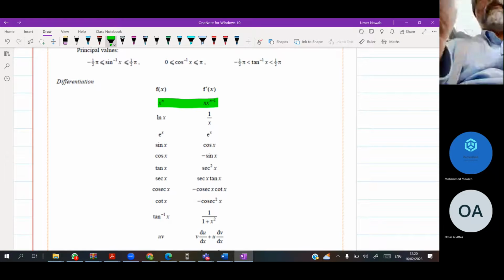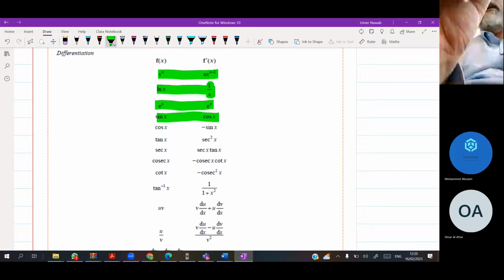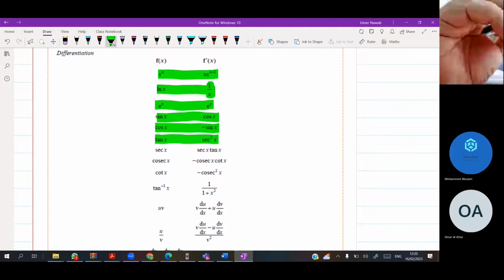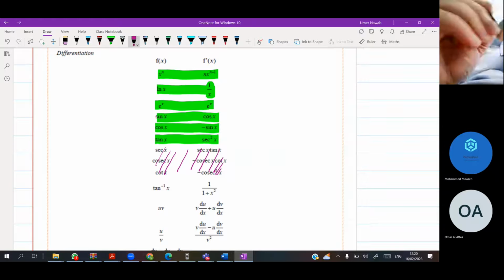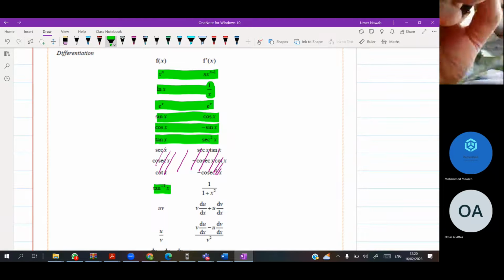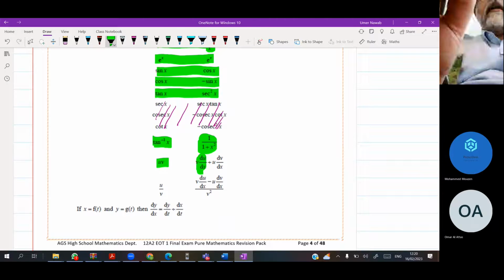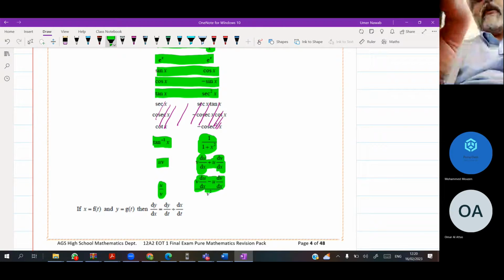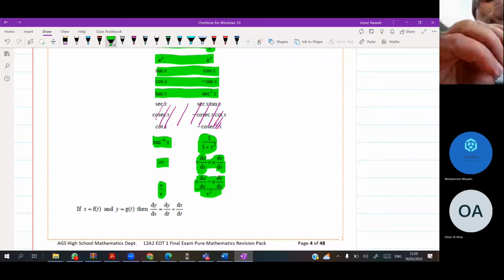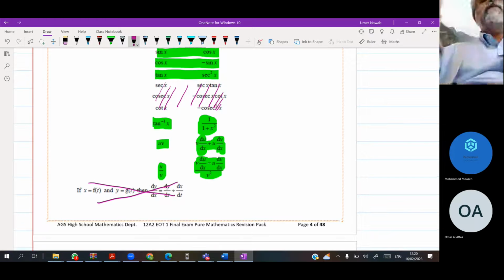The standard power rule, the derivative of ln of x, the derivative of exponential function, the sine function derivative, cosine derivative, tan derivative, but this is not in our course. The derivative of inverse tan is 1 over 1 plus x squared. The product rule is uv dash plus v dv dash, and the quotient rule du over dv, and this one you already know that. Parametric differentiation is not coming in the exam, so you can just avoid it.